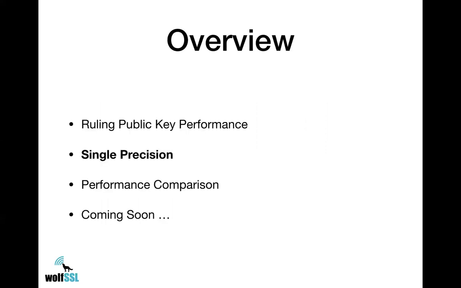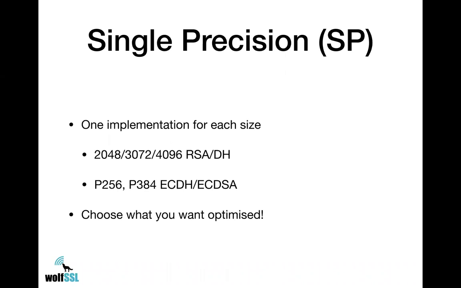Okay, let's dig into what single precision is. Single precision, or SP, is the public key implementations such that there's one implementation for each size. That means we cover 2048, 3072, and 4096-bit RSA and Diffie-Hellman, and we also do P256 and P384 with ECC.